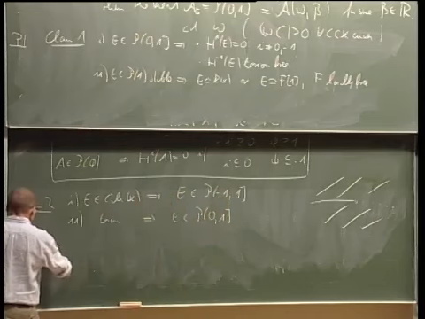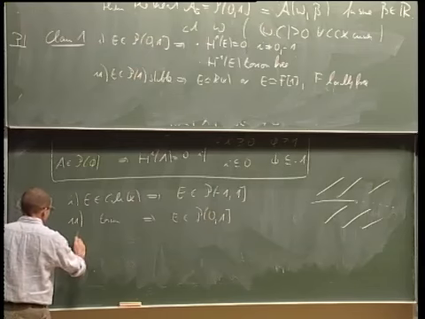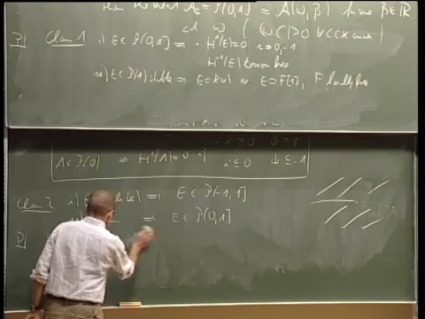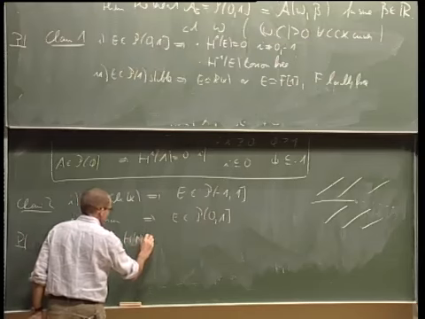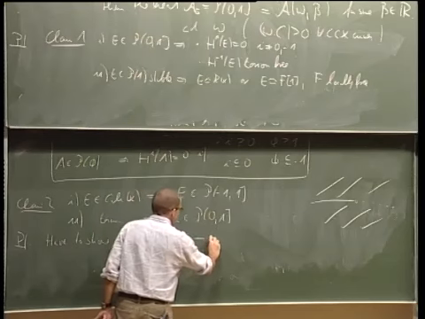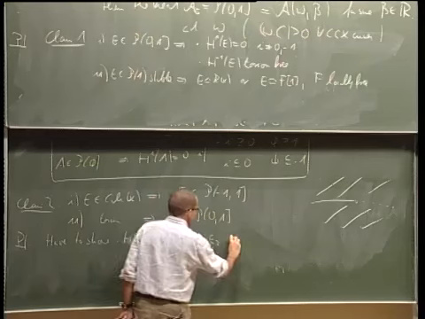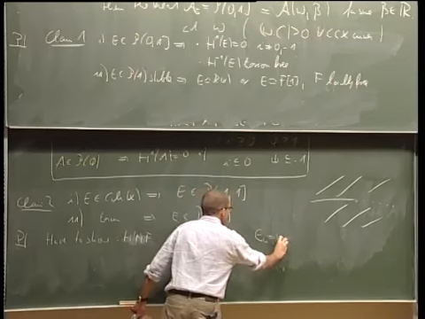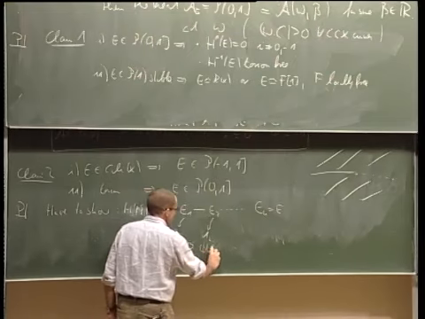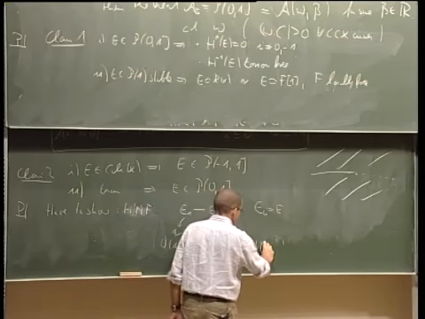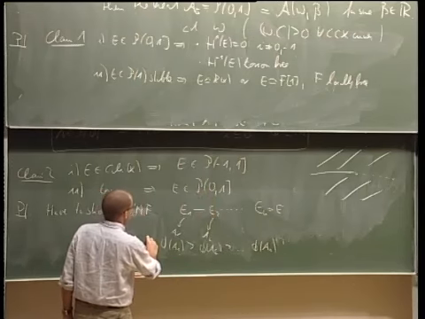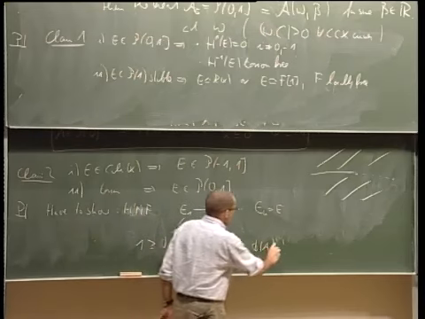So if I take the Harder-Narasimhan filtration of E, then this goes like this: A1, A2, and so on until An. And the phases are strictly decreasing. And we have to show that this one is smaller or equal to 1, and this one is at least -1.